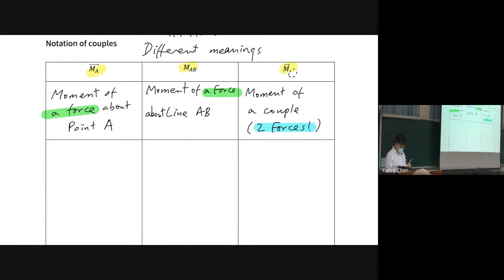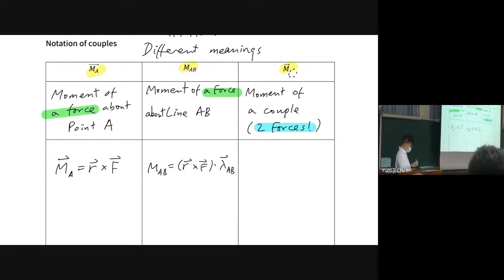And here, for MA, of course, it is equal to R cross F, and MAB is equal to R cross F dot lambda AB, with a dot product there.